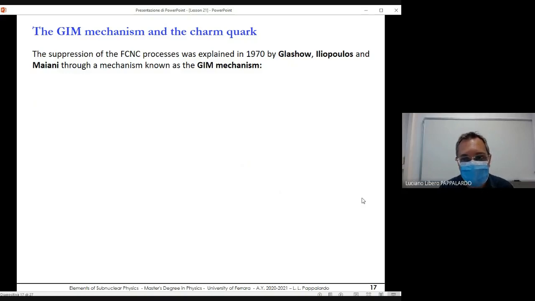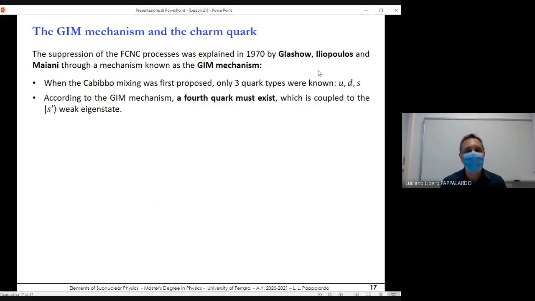So the solution to this was proposed a few years later. We are now in 1970, by these three guys, Glashow, Iliopoulos, and Luciano Maiani, who provided a new mechanism that is called the GIM mechanism by the initials of these three gentlemen. And the core of the problem is the following.